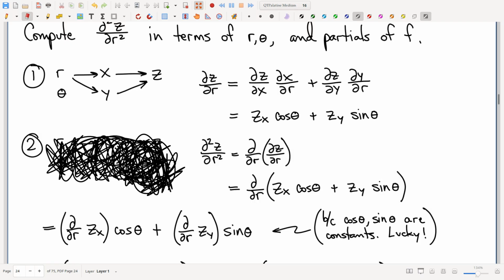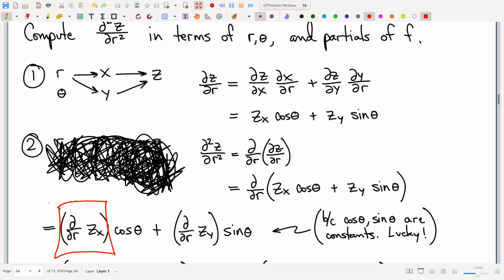Now we have a problem. The problem is, how am I going to make sense out of this thing? The partial of z_x with respect to r. What? All right. Well, it kind of feels like what this is saying is that I'm going to take z, and I'm going to first take the partial with respect to x, and then take the partial with respect to r.